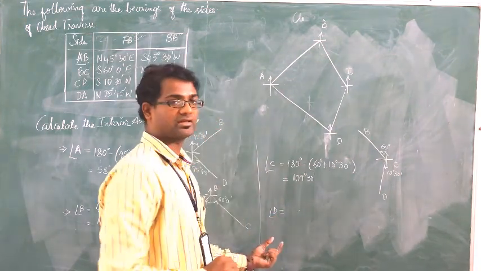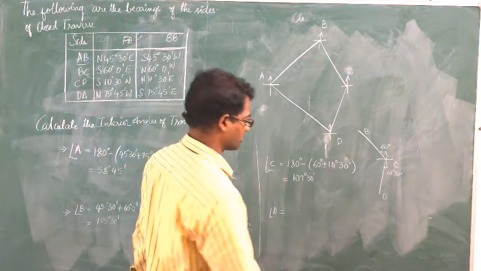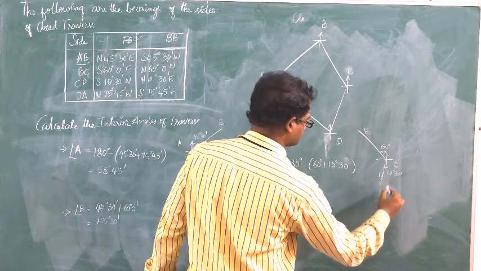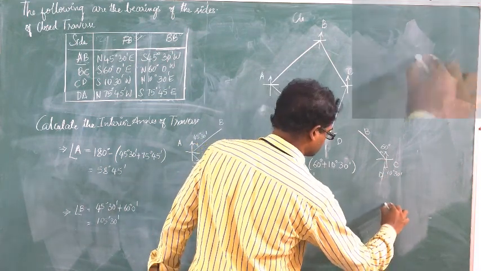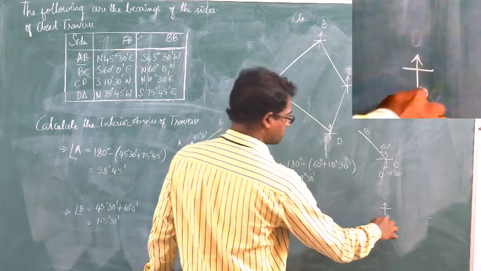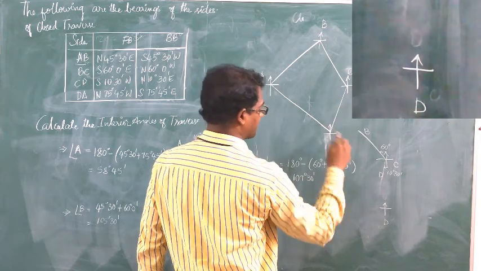Now we will calculate angle D. Now let us plot angle D. From station D, I have two survey lines.